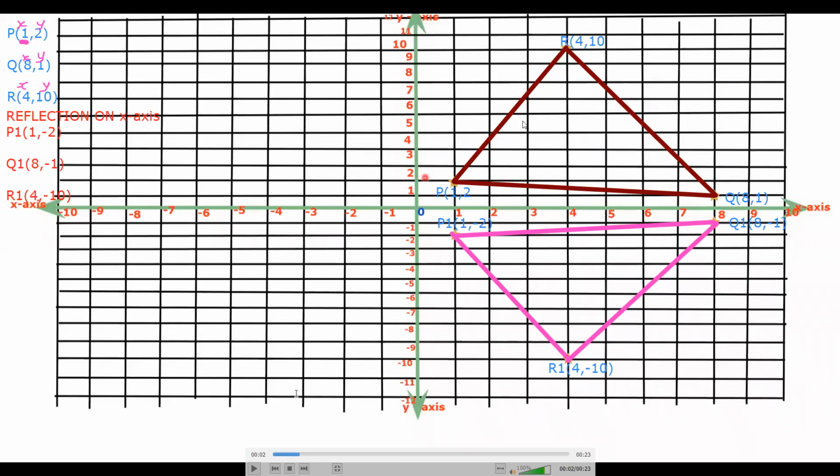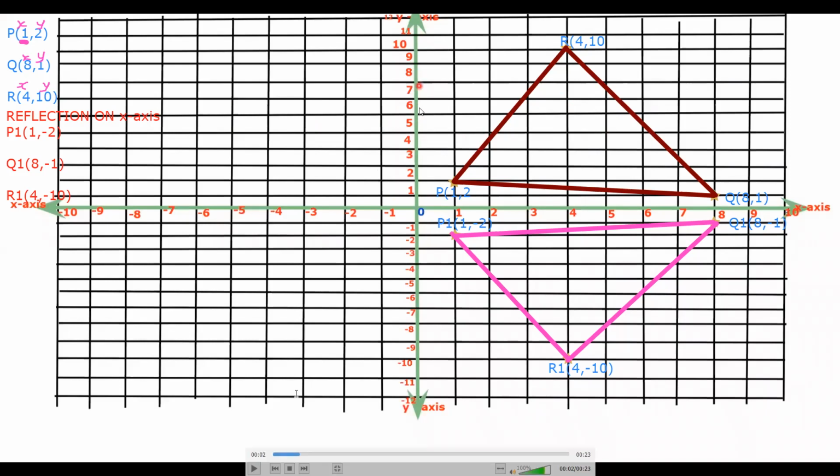You say point PQR, so we are referring to the first image here. So if the first image is reflected on y-axis, the y-axis will serve as a mirror to reflect this image directly opposite here, okay? So that is exactly what you're going to do.